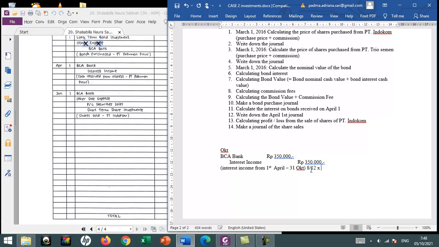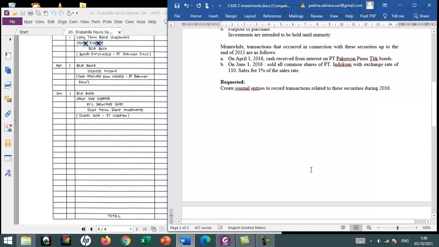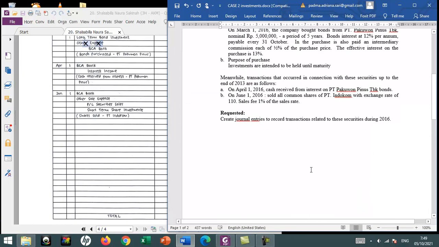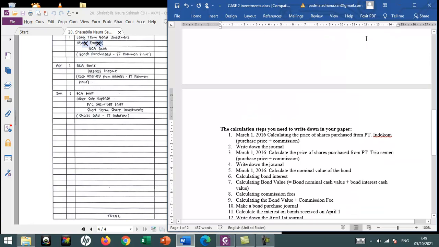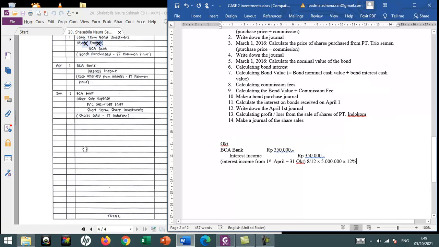Okay, times the nominal is 5 million. Then times the percentage of interest is 12%. Okay, bond interest is 12% per annum. Okay, so you can record it 350,000. Okay, you can add the journal here at the bottom.